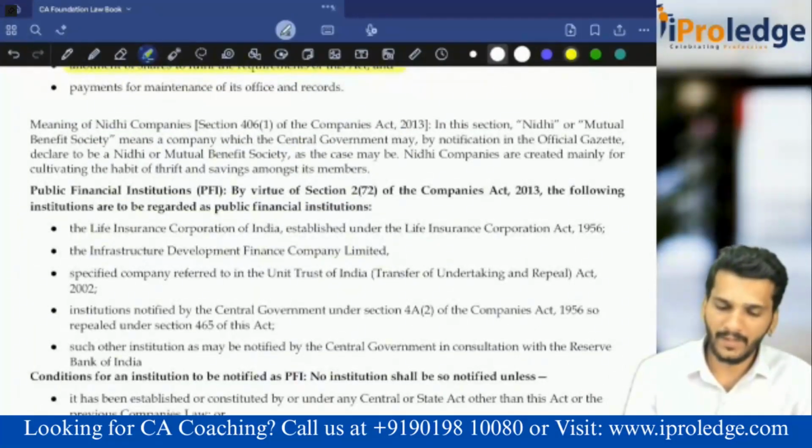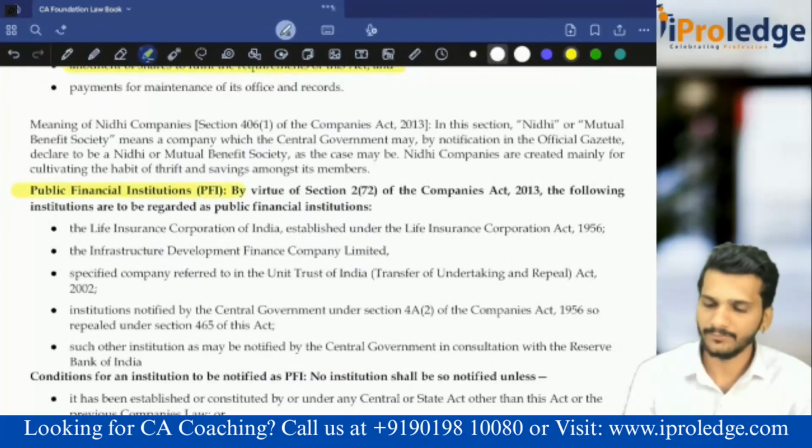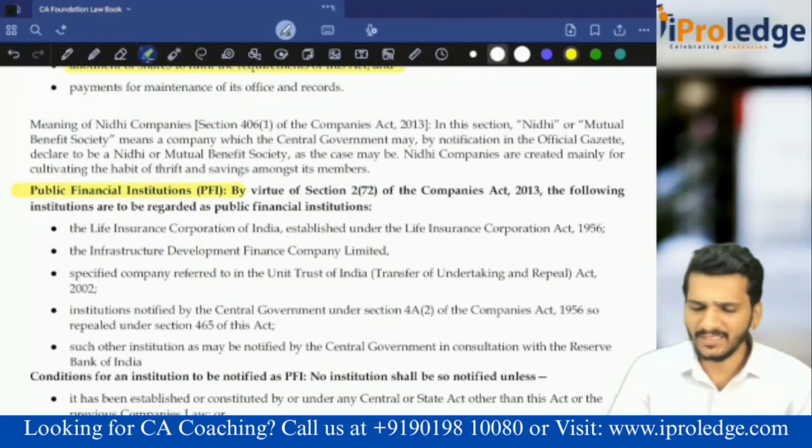Then comes PFI, public financial institution. Public financial institution means they just give the list of companies. LIC, you can write there.